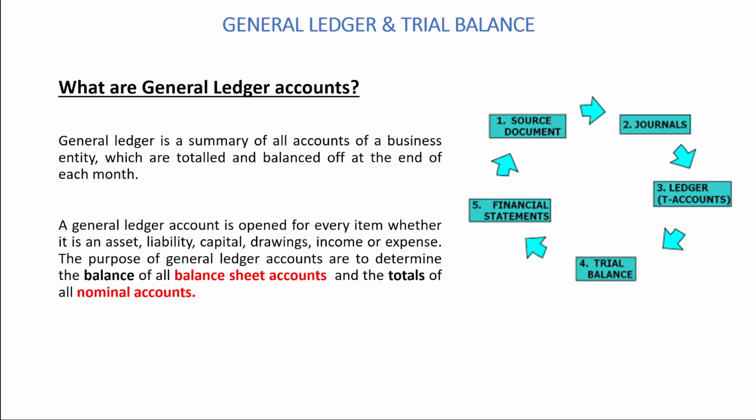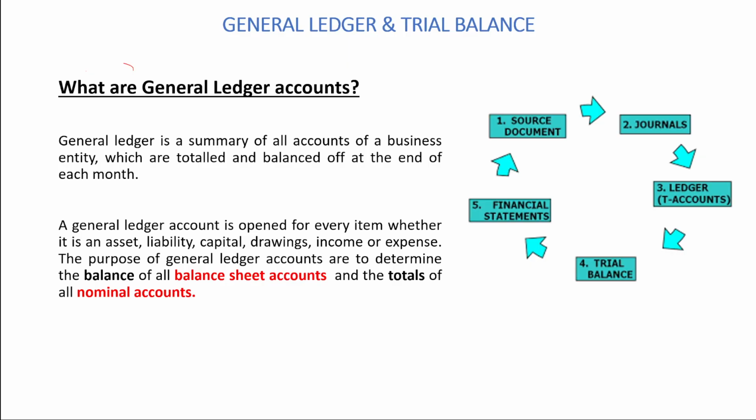So earlier on, we did talk about the general ledger accounts. What is a general ledger, how do you prepare one, and when do you do that? A general ledger is prepared thirdly, after the information has been recorded in the journals of the company.